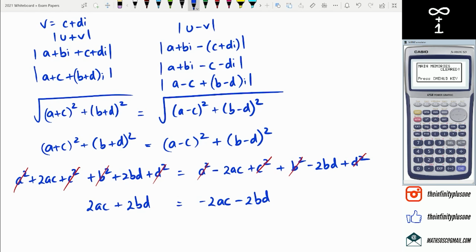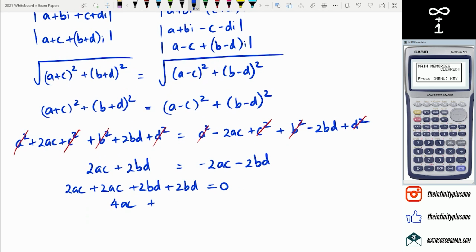So what do we have next? We can rearrange them, which means we're going to get 2ac plus 2ac plus 2bd plus 2bd equals 0. We've got 4ac plus 4bd equals 0. Now we can get rid of the 4, and what we simply have is ac plus bd equals 0.